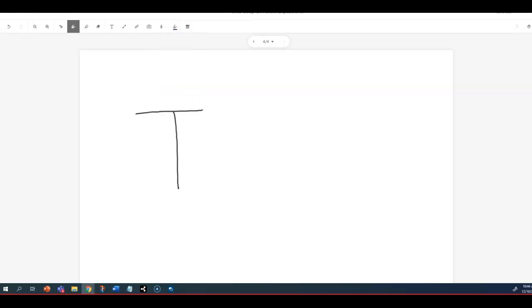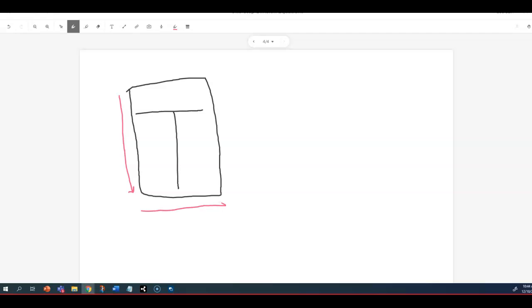You're just going to draw a T for now, and then box it in like that. How this works is we start on this side, go down, go over, and go up. This is called a do-undo chart. Do it, and then undo.